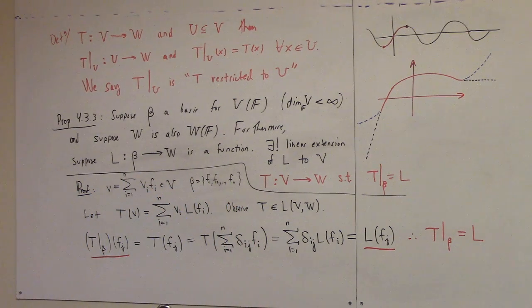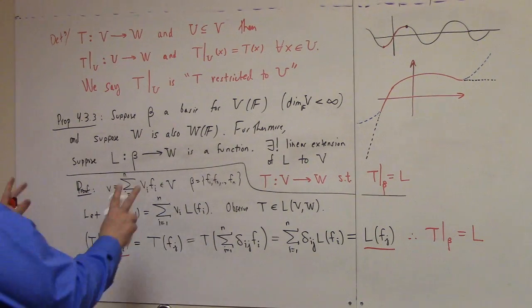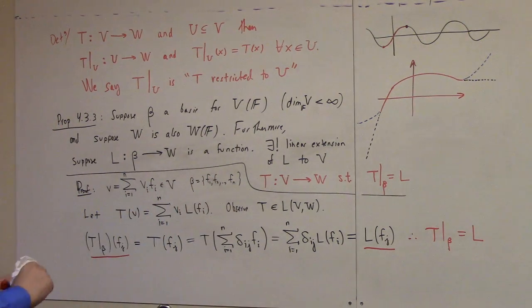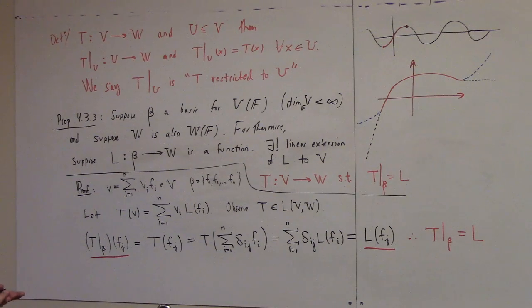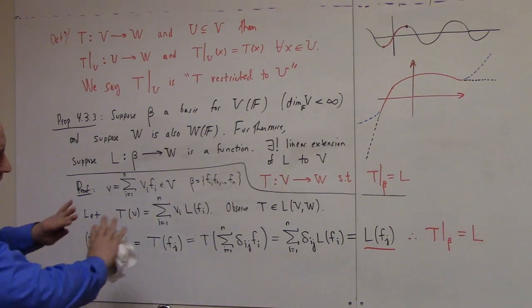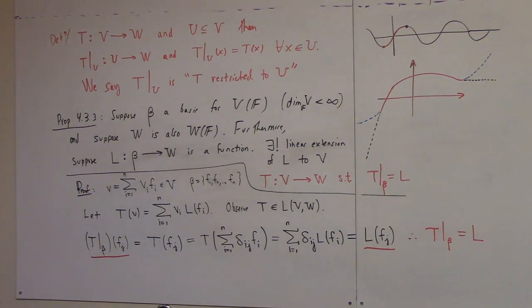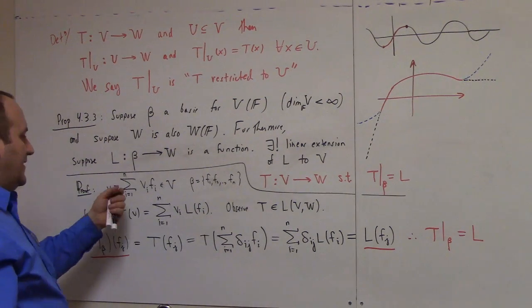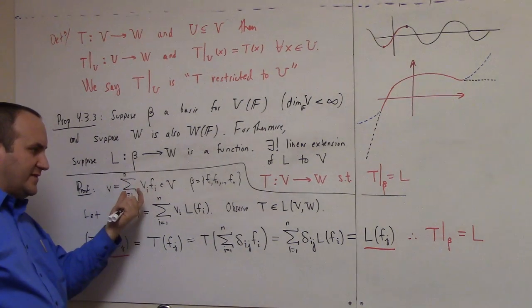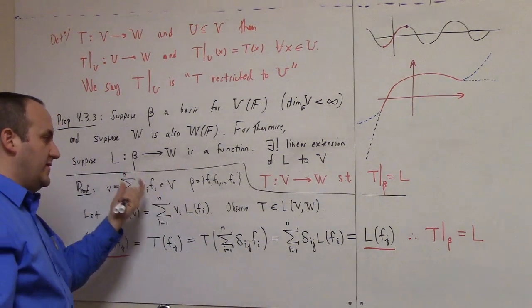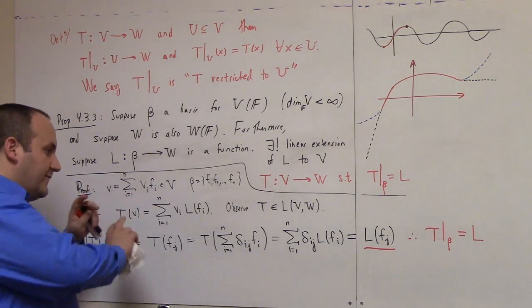But there's a natural inclination people have to confuse cardinality with dimension. It's unfortunate, but true. All this theorem is really telling you is that even though there are infinitely many points in vector spaces over the real or complex number field, if you know the value of a function on this finite set of points, the basis, you're stuck with the value of the linear transformation everywhere else.